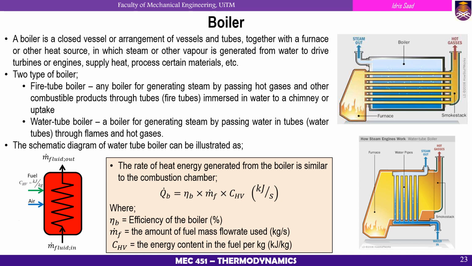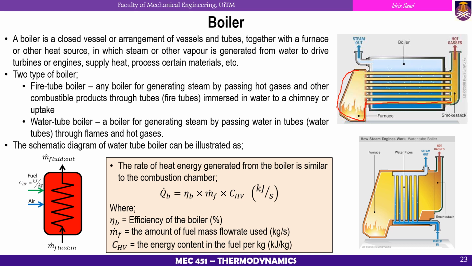The first one is called the fire tube boiler. A fire tube boiler is any boiler for generating steam by passing hot gases and other combustible products through tubes, where the fire is in the tube, immersed in water, to a chimney or uptake. The top figure illustrates the fire tube boiler, where you can see this is the fire and this is the tube.